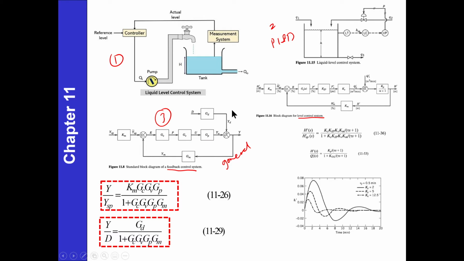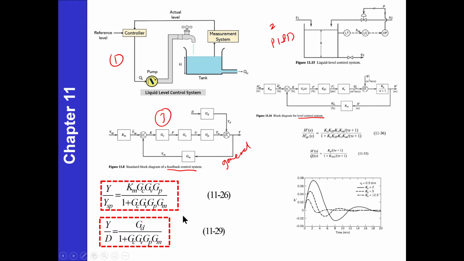You can see the difference. We have GC here, also GC here, but there are a percentage and a unit for each variable involved in that process. This one is the general one, and this one is specific for level.